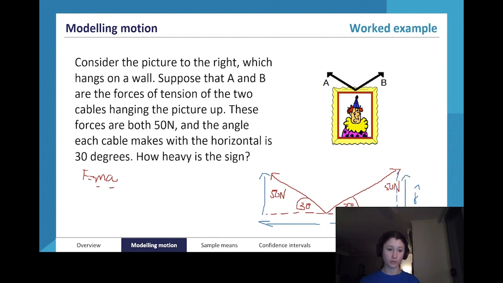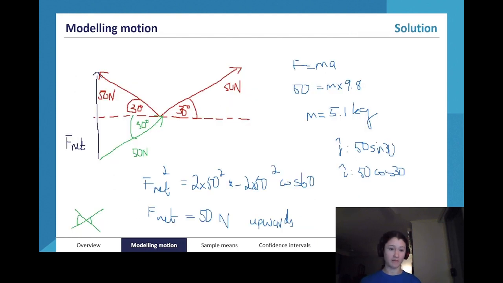So our total j component is going to be 2 times 50 sin 30, and our i components will be 0. This is for our net force. So this is exactly what we got using our vector resolution, of course, because we only got our force acting vertically, not in a horizontal direction.